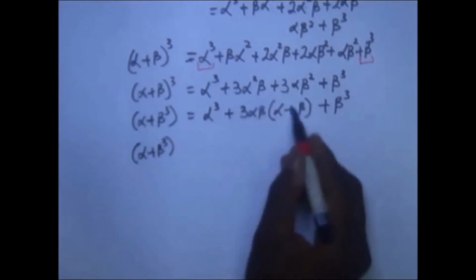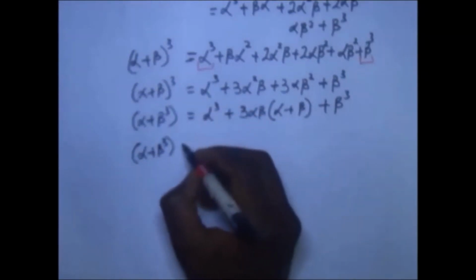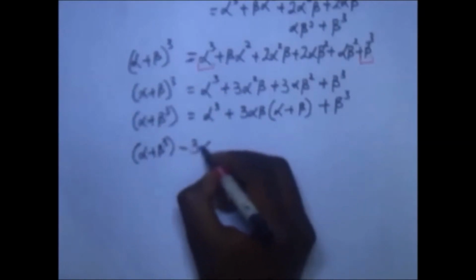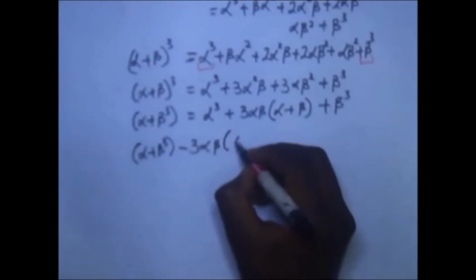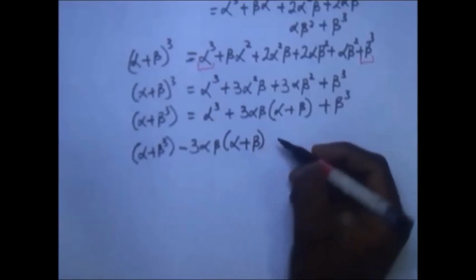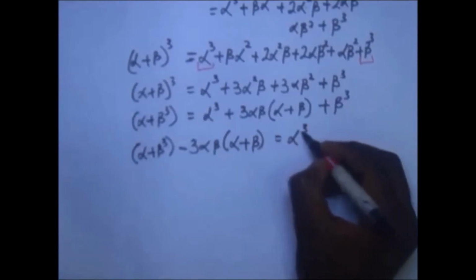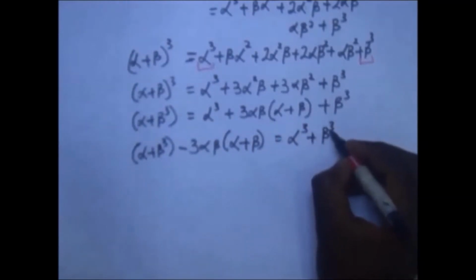This expression crosses the equal sign, it comes this way, it becomes minus 3 alpha beta into alpha plus beta, giving us alpha cubed plus beta cubed.